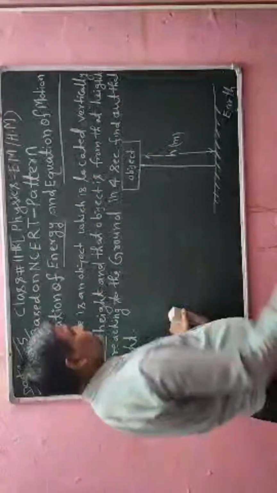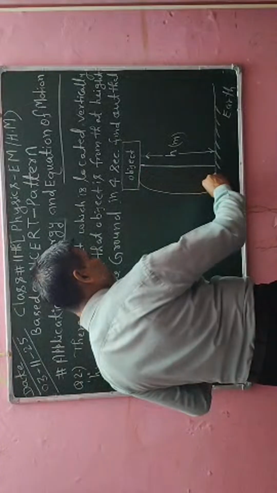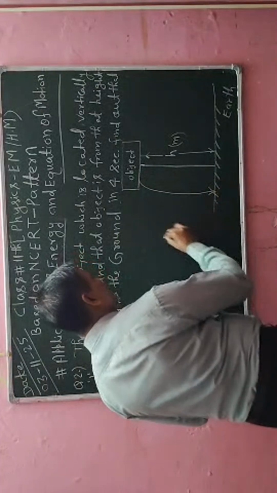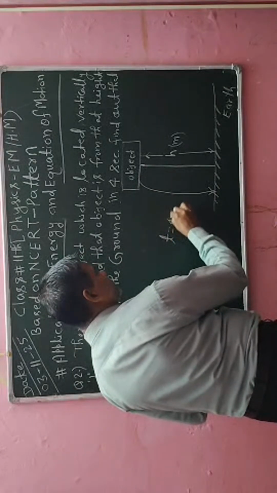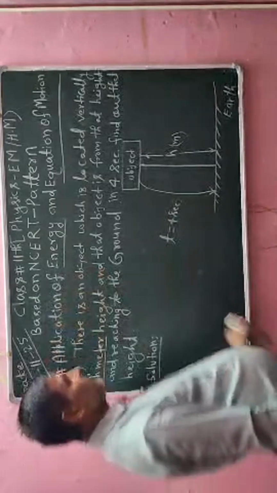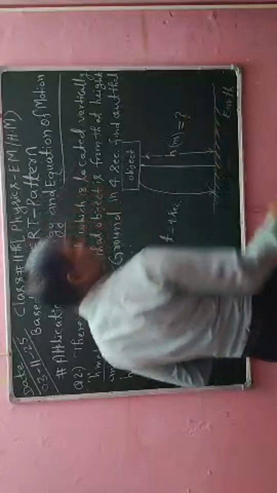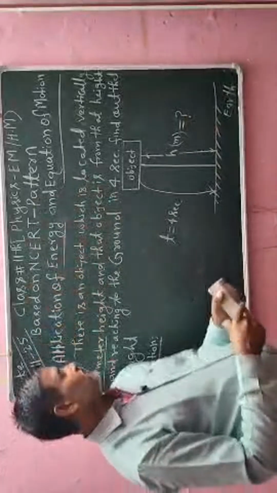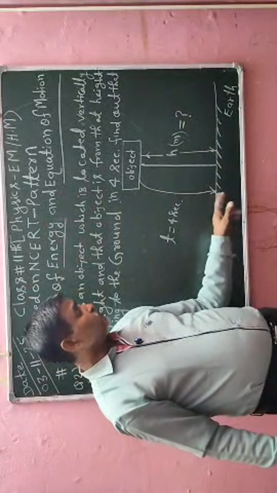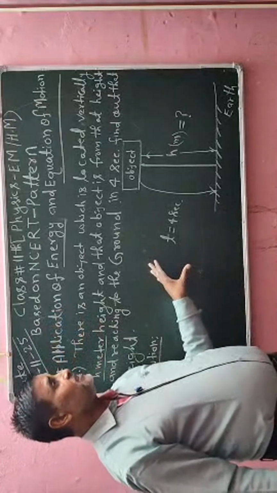Now this object is falling from the top to the ground. t is equal to 4 seconds, that is given in the question. So we have to find the height of that object, from which location it is dropping to the ground.